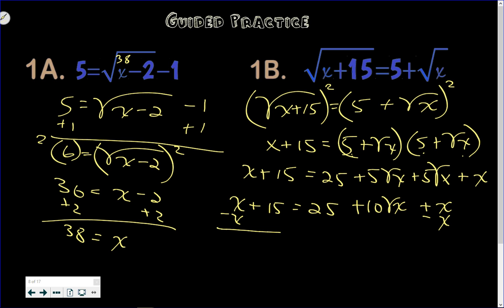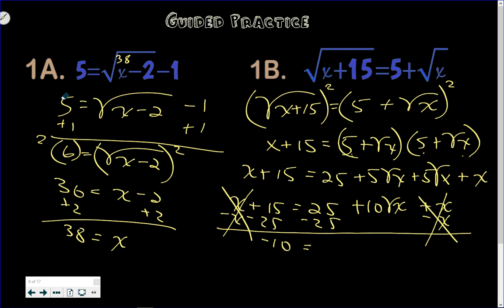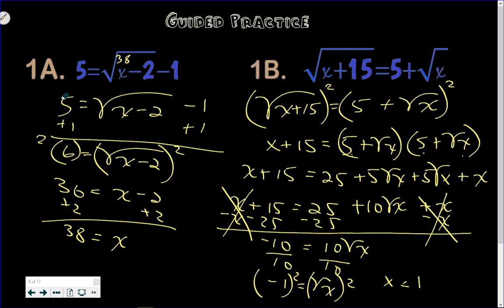Subtract x from both sides. Square it, x equals -1 times -1 is 1. Just another example.